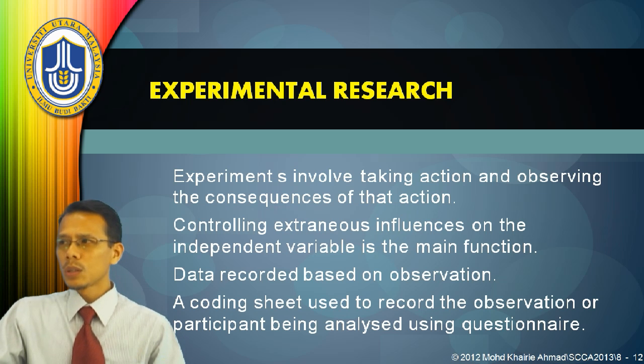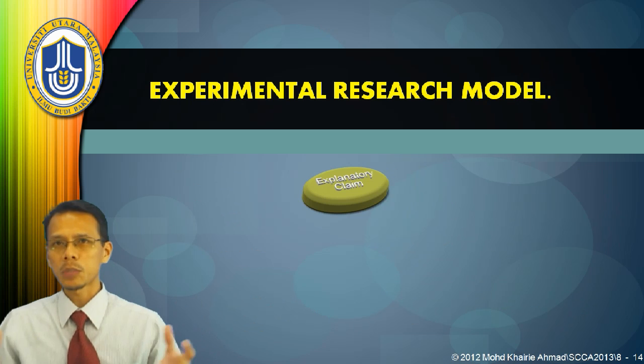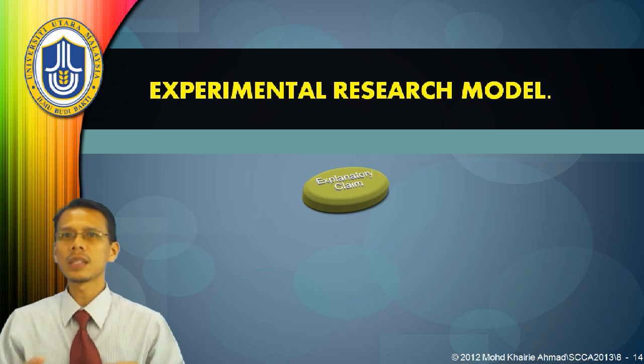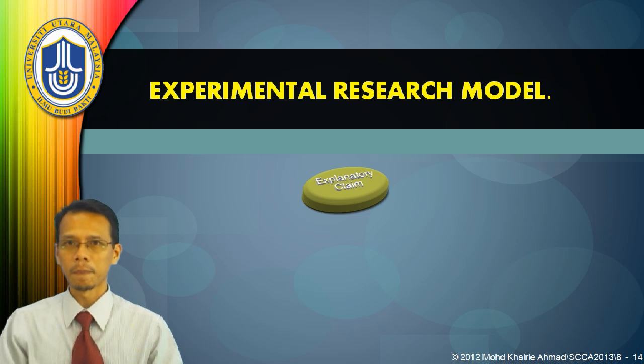Well, now let's take a look at how experimental research can be conducted. First, we must have what we call an explanatory claim. This is a statement or assumption about something.